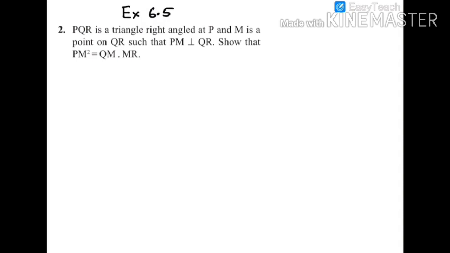PQR is a triangle right angled at P. So let's draw triangle PQR which is right angled at P. And M is a point on QR such that PM is perpendicular to QR.